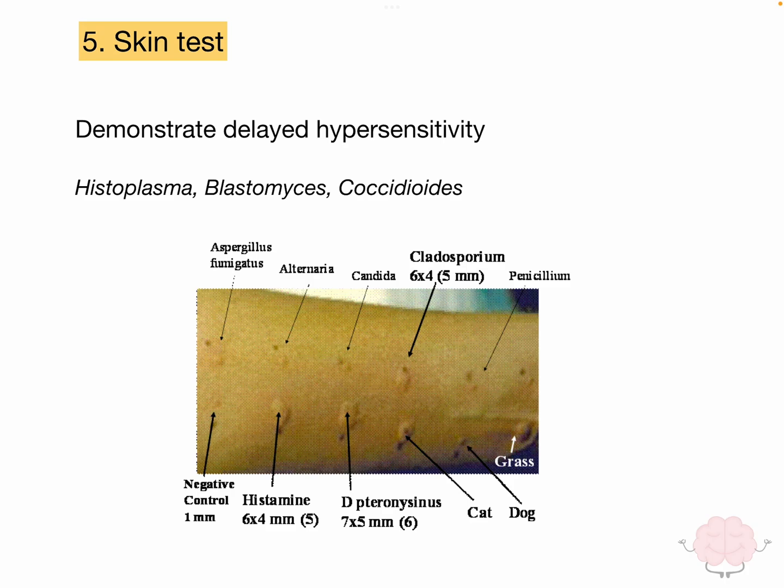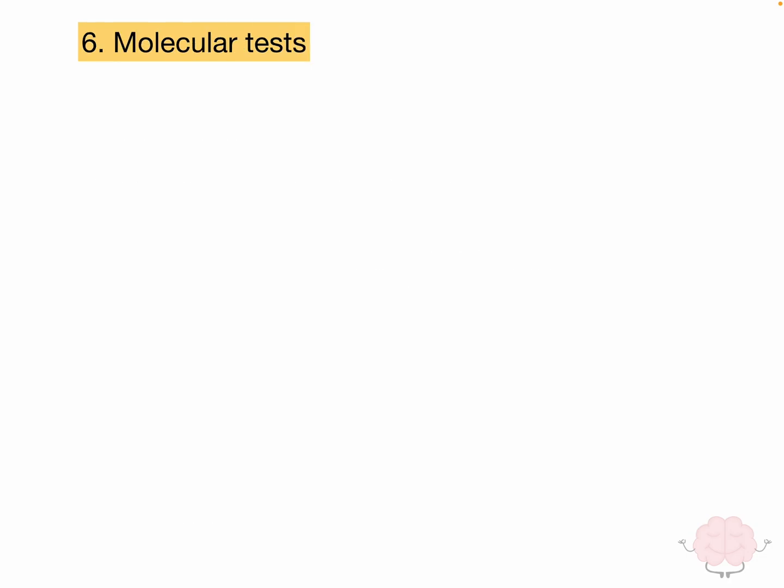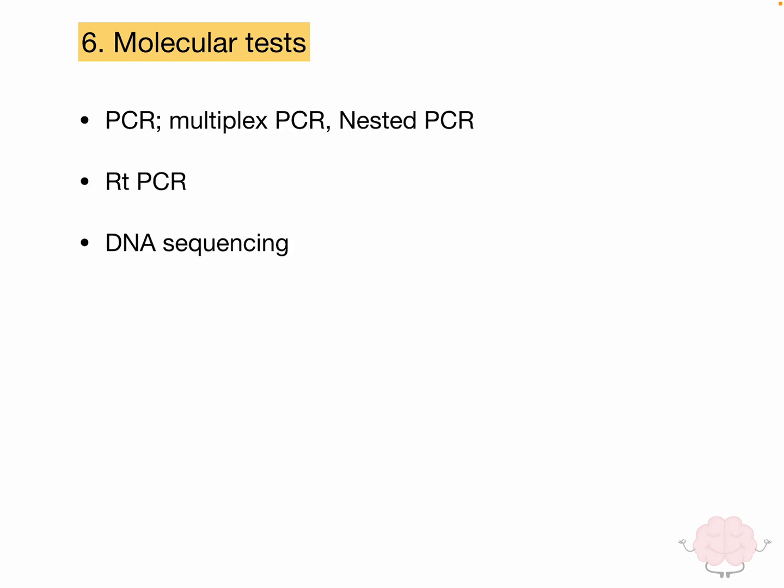As you can see, this is how the skin test is performed, in which a small amount of fungal sample is injected into the skin, not very deep, and we look for a hypersensitivity reaction against that sample, right? Lastly, the most advanced form are the molecular tests, which include PCR, its variants like multiplex PCR, nested PCR, real-time PCR, and DNA sequencing.